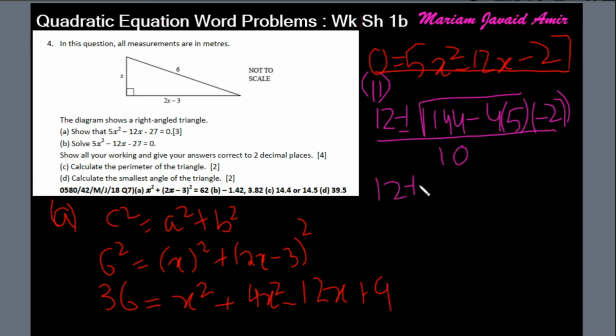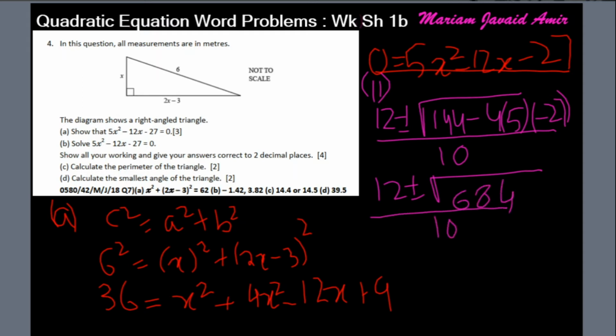So 12 plus minus this term in the under root becomes 144 plus 4 times 5 times 27, which is 684, over 10.